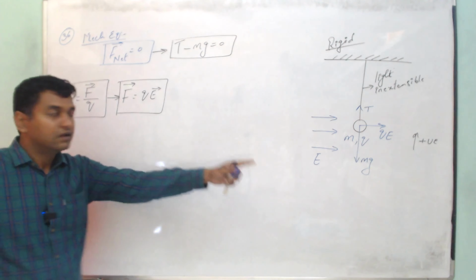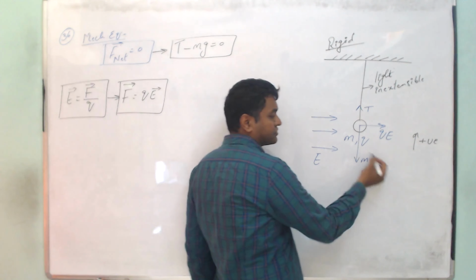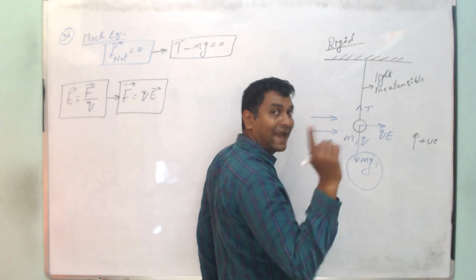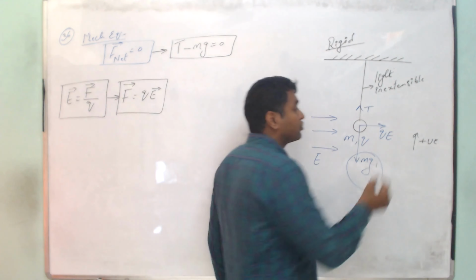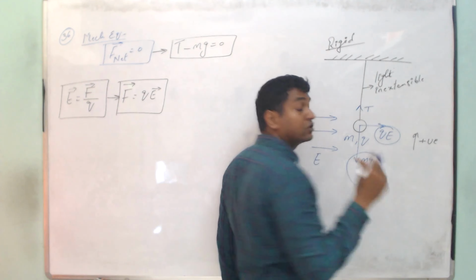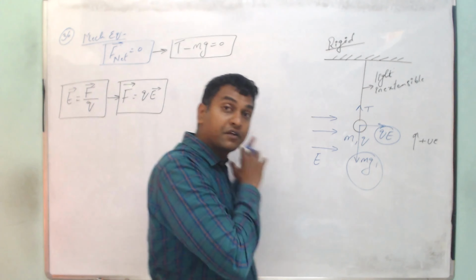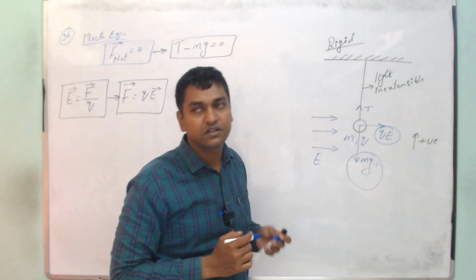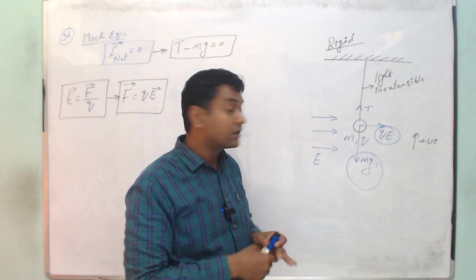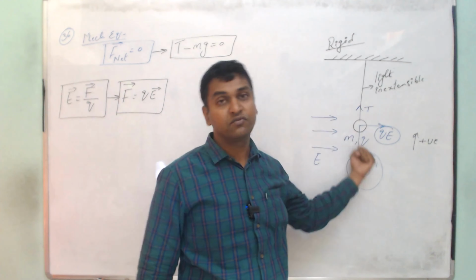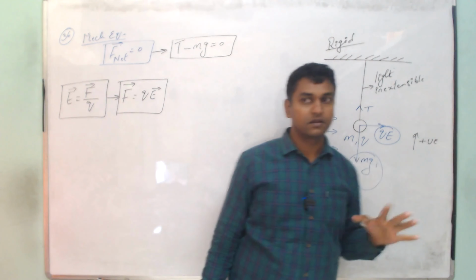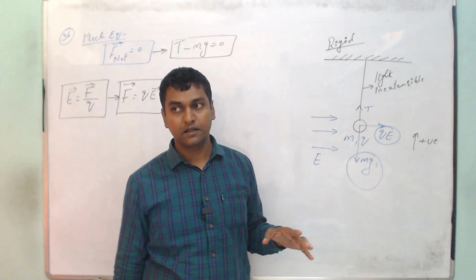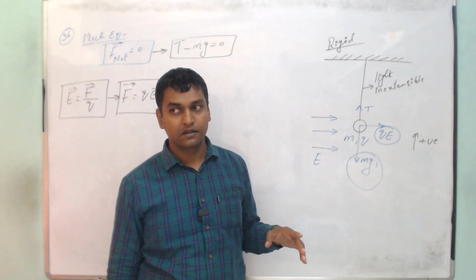Gravitational force mg is an action force, Earth is pulling it downwards. Electrostatic force QE is also an action force, the electric field is pushing it in that direction. So now what will happen? This string, instead of being vertical, will take the ball somewhere over here. Correct?